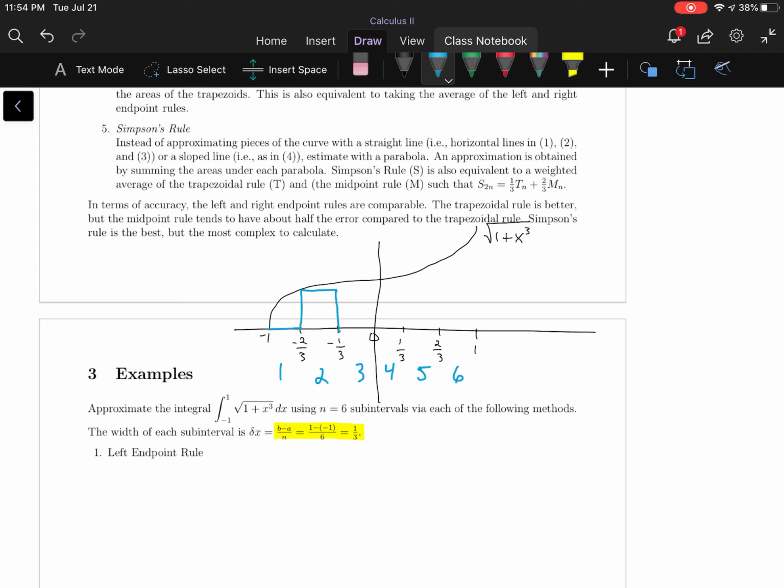For the third bin, it goes up and touches the curve. For the fourth bin, it touches at x equals 0, and you could continue the pattern.